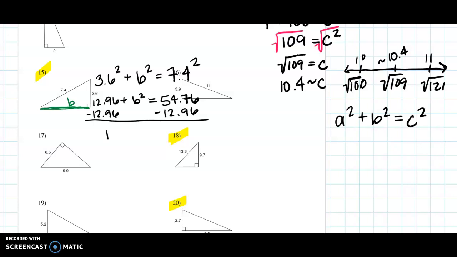And that will leave us with what b squared is equal to. 54.76 minus 12.96 is 41.8. So b squared is equal to 41.8. I can take the square root of both sides and now I know that b is equal to the square root of 41.8.